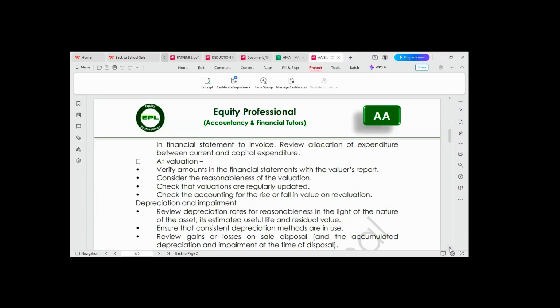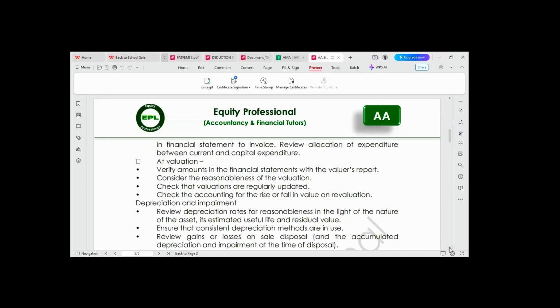Remember the accounting policy and estimates, IAS 8, that says at any time that you are using any policy, you should use it consistently. You cannot change it unless something material happened that may result in that change. Otherwise, you keep using it year in, year out.